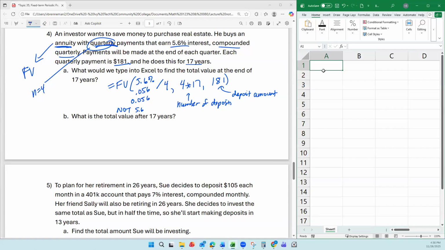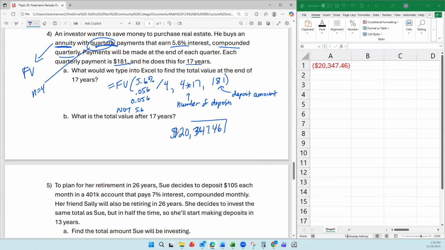So put that in here, equals FV parentheses 5.6% divided by 4, comma, 4 times 17, comma, 181, and parentheses. And it comes out 347.46.